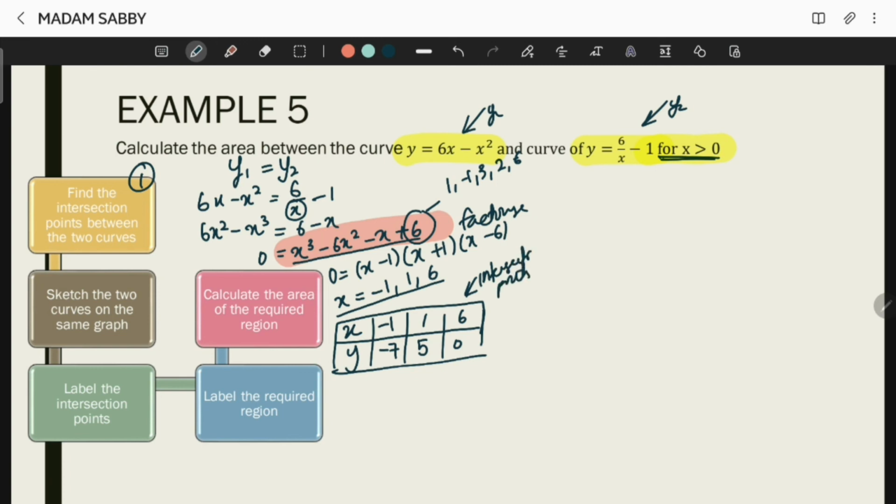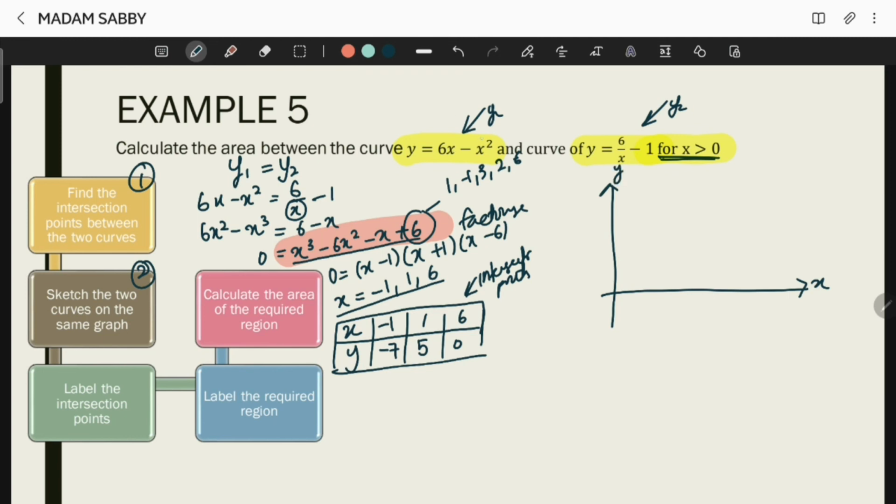Next we have to sketch the curves. We have a combination of a quadratic function and a reciprocal function, which we sometimes refer to as a rational function. So let's draw. This is your x-axis, this is your y-axis.